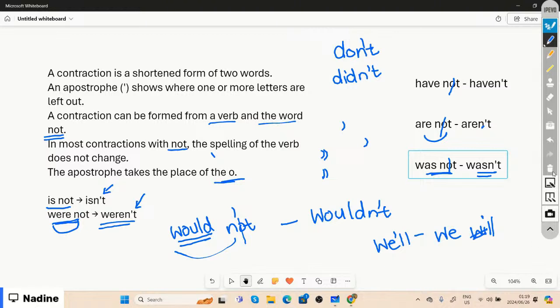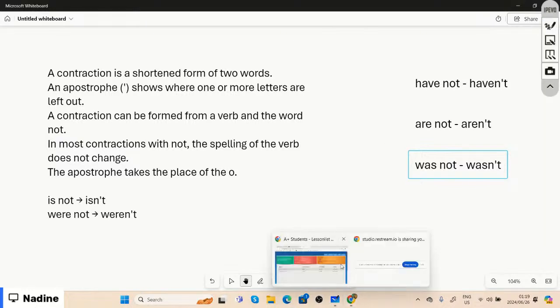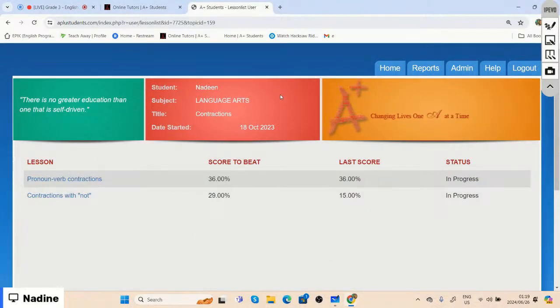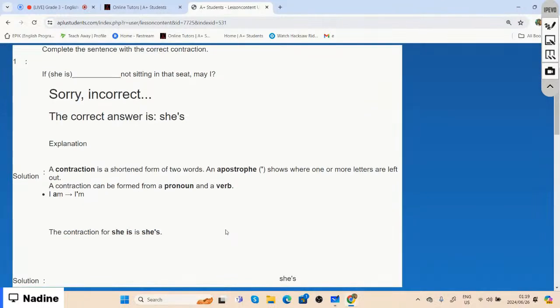All right. So now we're going to aplusstudents.ca, and we're going to do our chapter on contractions, and we're going to do pronoun-verb contractions. Once again, we see the contraction is a shortened form of two words, and an apostrophe shows us where one or more of our letters are left out.